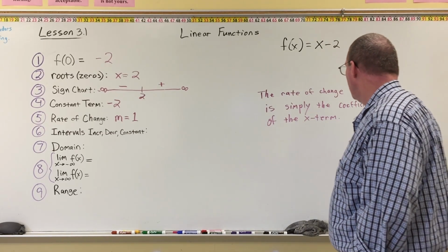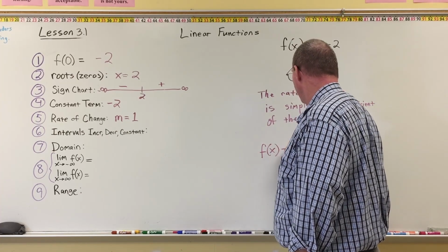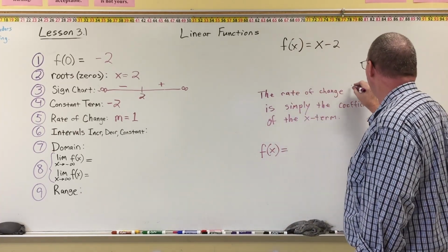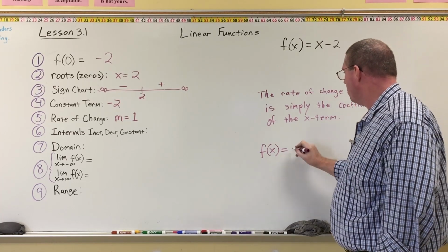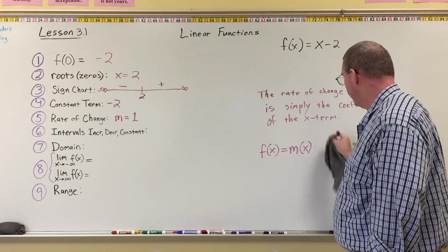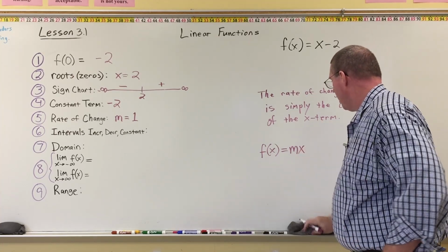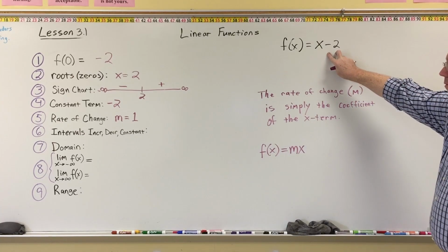And so for this function, we have f of x is equal to m times x, where the rate of change is m, okay? And then we have the constant term, right?